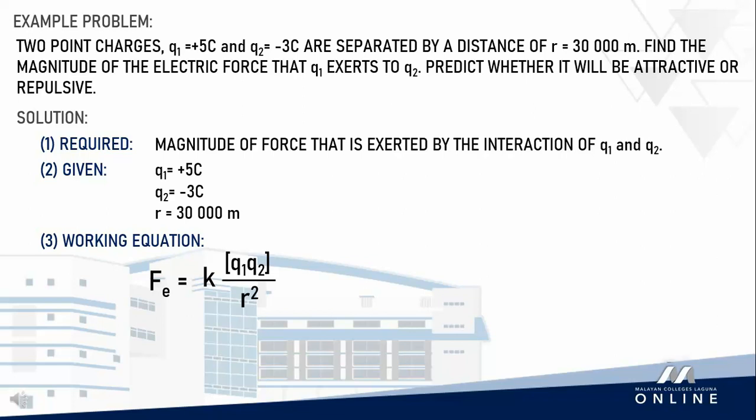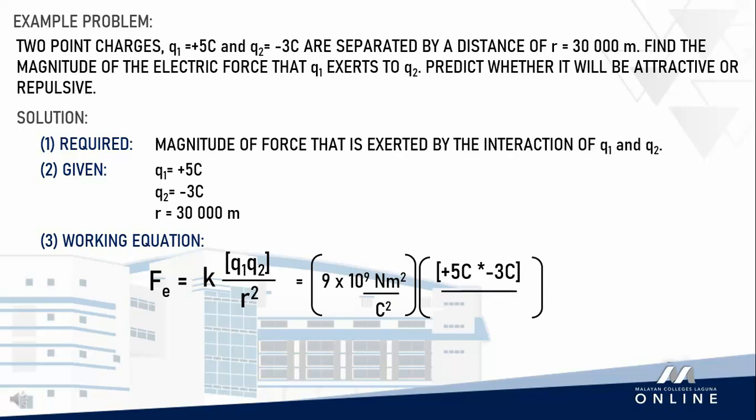Let us now substitute these values. We have a constant value of 9 times 10 raised to 9 newton meter squared over coulomb squared, multiplied by the product of our charges, 5 coulombs and negative 3 coulombs, all over 30,000 meters squared.